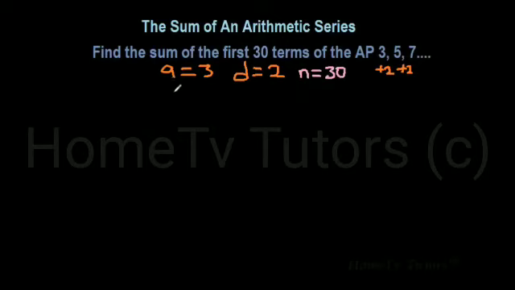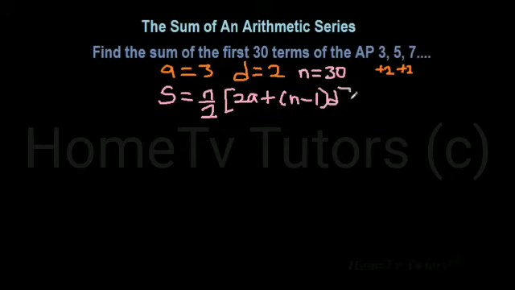So now we go ahead to use the formula for finding the sum of terms of an AP. We're going to use the second formula because we are not given the value for the last term. This is the formula we use when we are not given the last term.